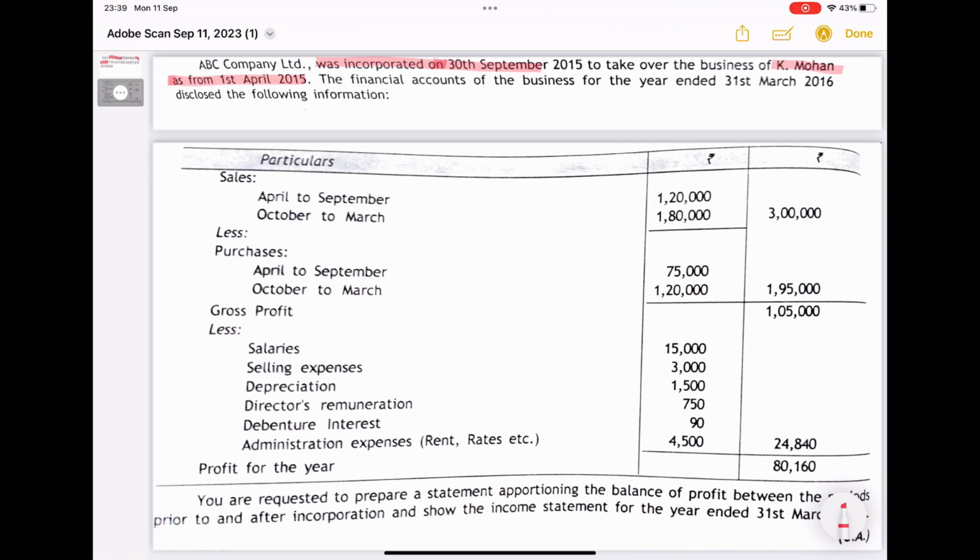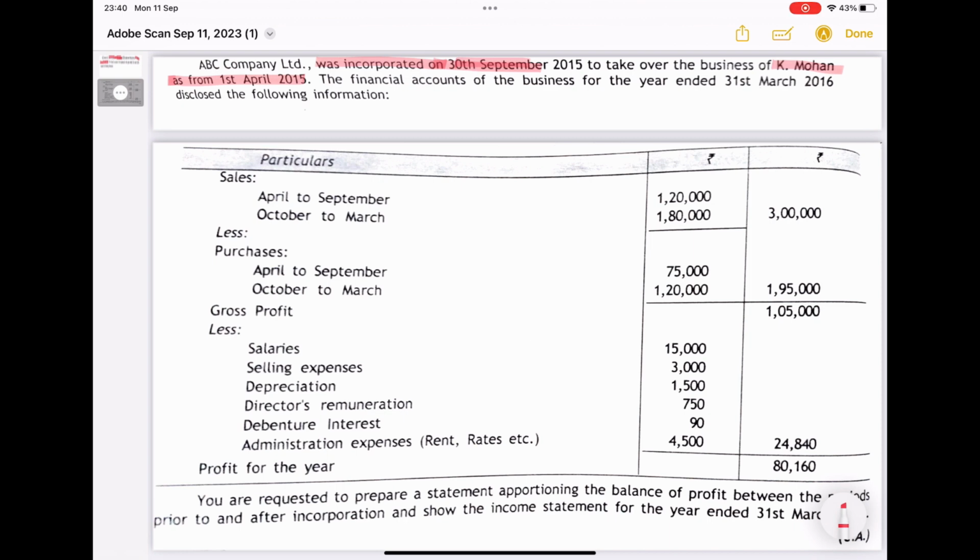So they have given the particulars related to the trial balance. For sales, they have given April to September, which is the pre-incorporation period, as 1,20,000, and October to March is my post-incorporation period sales.